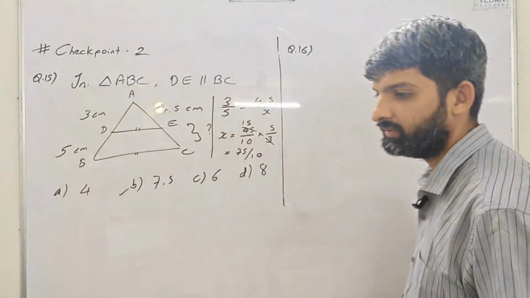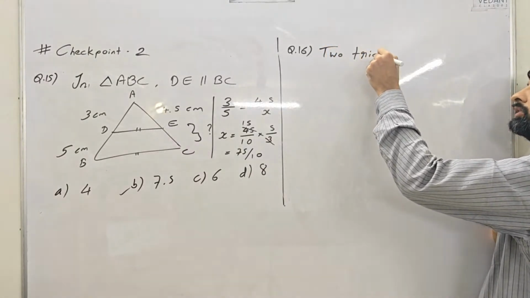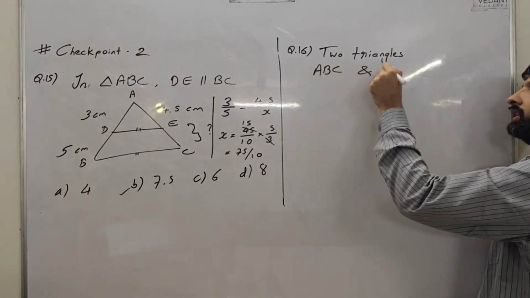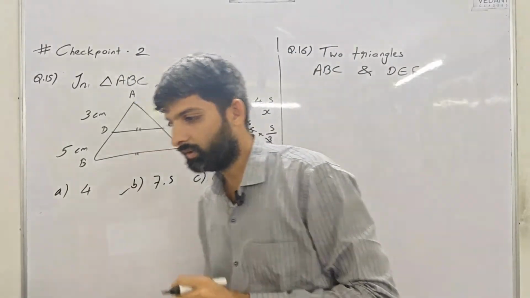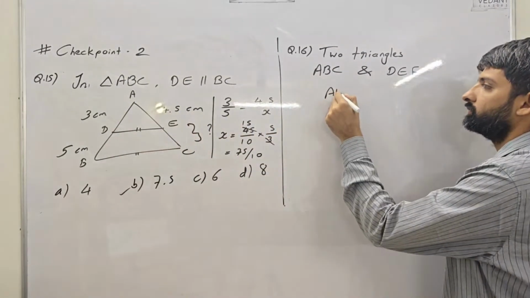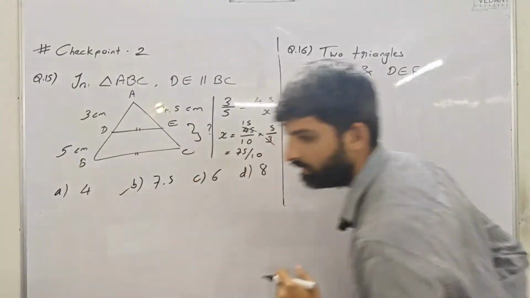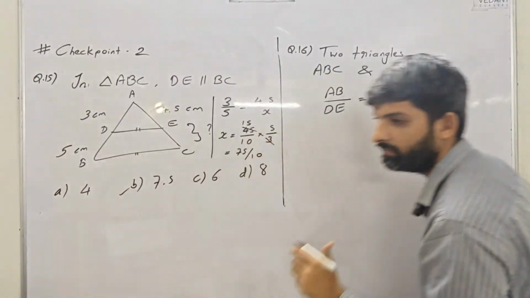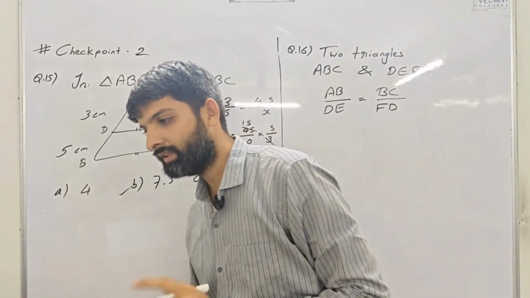Two triangles ABC and DEF. AB upon DE is equal to BC upon FD.